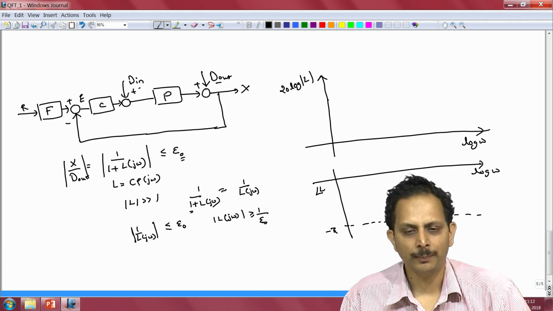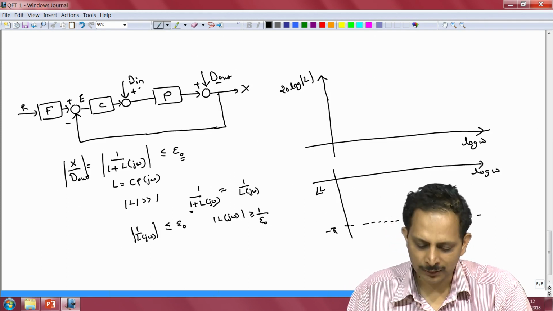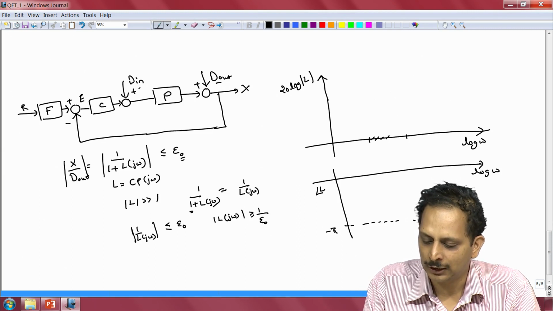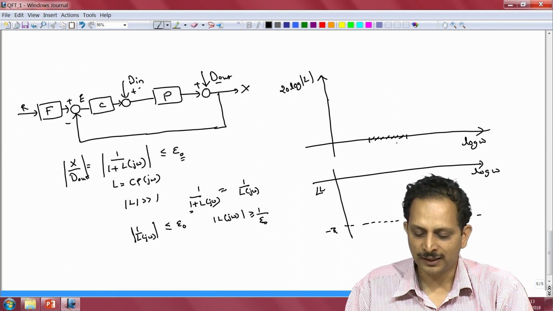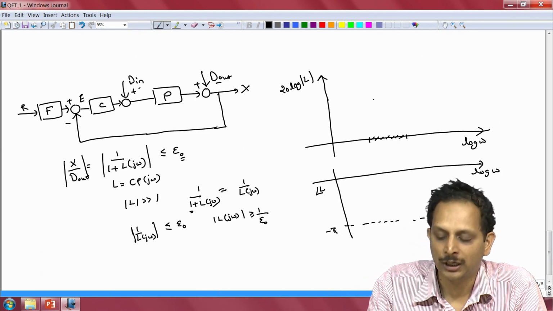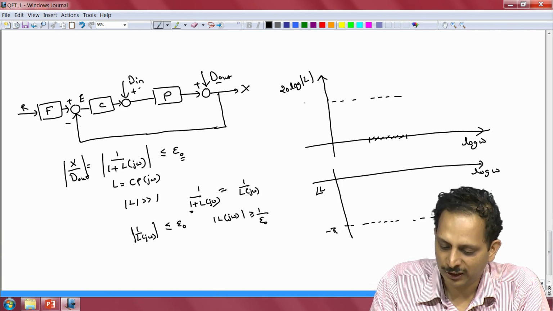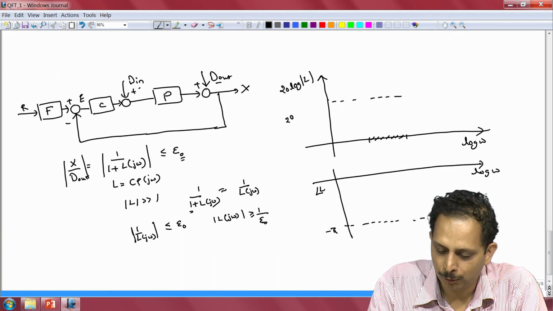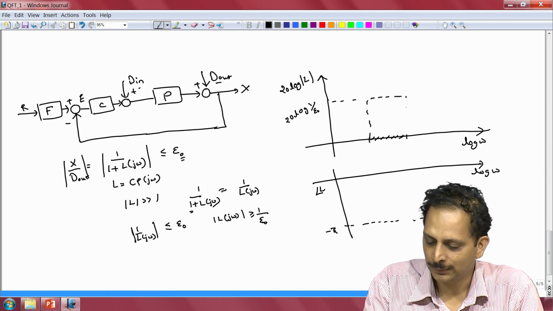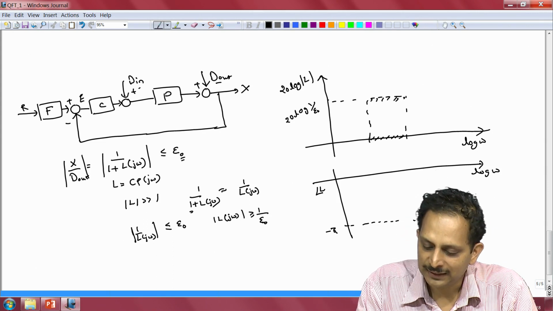Now, this performance constraint can be very readily shown on the Bode plot. If the frequency range of interest is within this shaded region along the x axis of the Bode plot, then within this shaded region we need the magnitude of the loop gain to be greater than or equal to 1 by epsilon O. So, if I draw a horizontal line here which corresponds to the magnitude being equal to 20 log of 1 by epsilon O, then in this frequency range we need the loop gain to assume a magnitude that is greater than this shaded region.